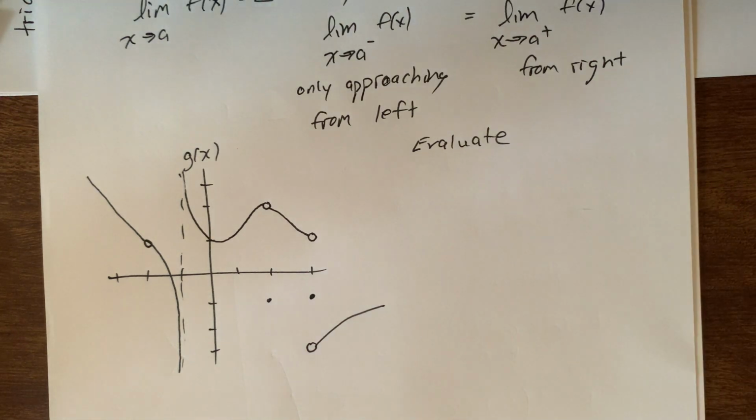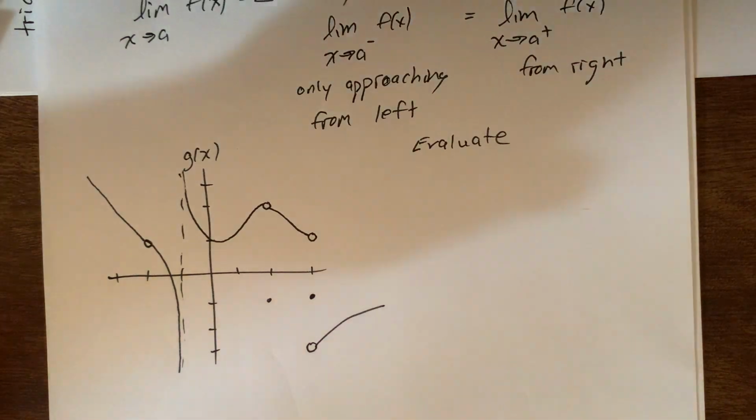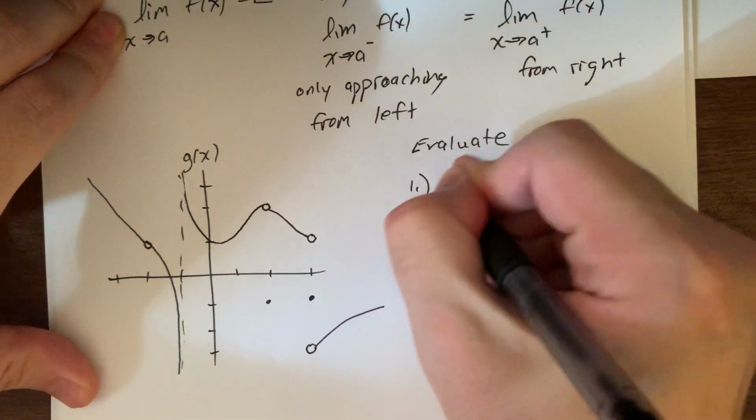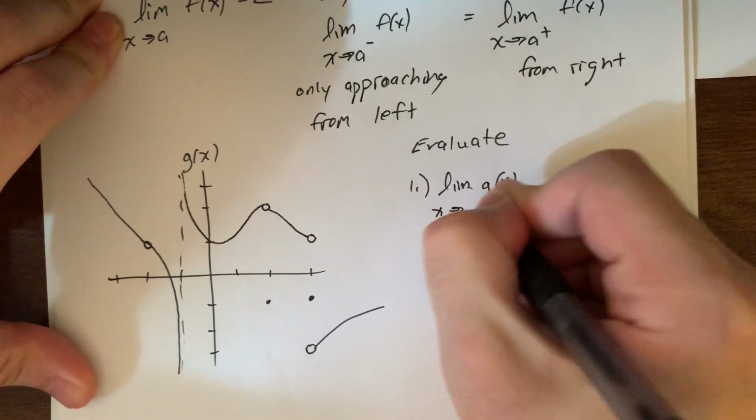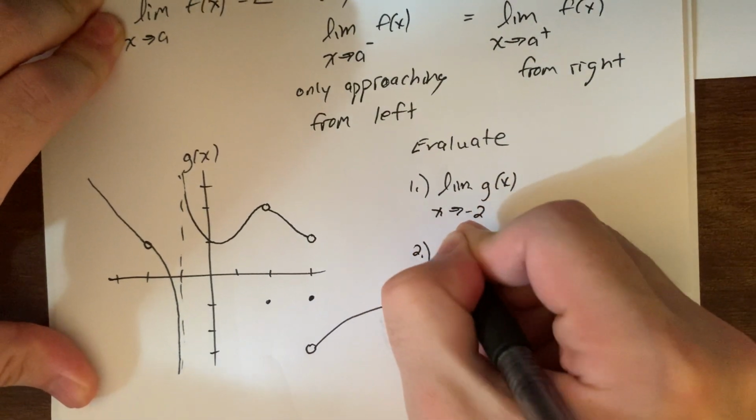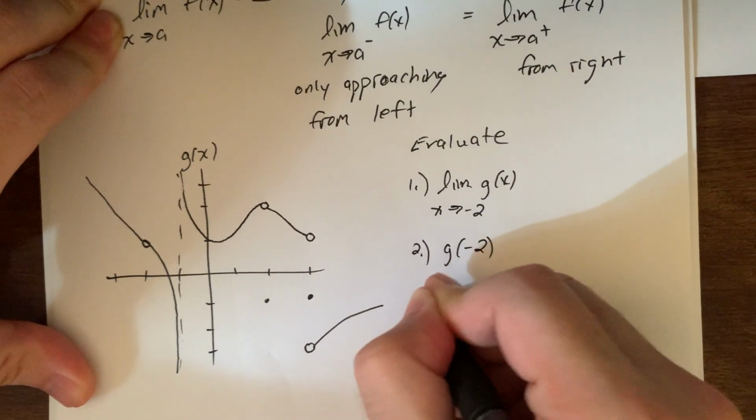I'm going to have a bunch of problems, probably another 10, but after I get them written up and give you a moment to look at them, we're going to run through, and each one of these is going to take no more than 5 or 10 seconds. So let's do a bunch. Number 1, the limit of g of x as x approaches -2. Number 2, we're going to look at g of -2.